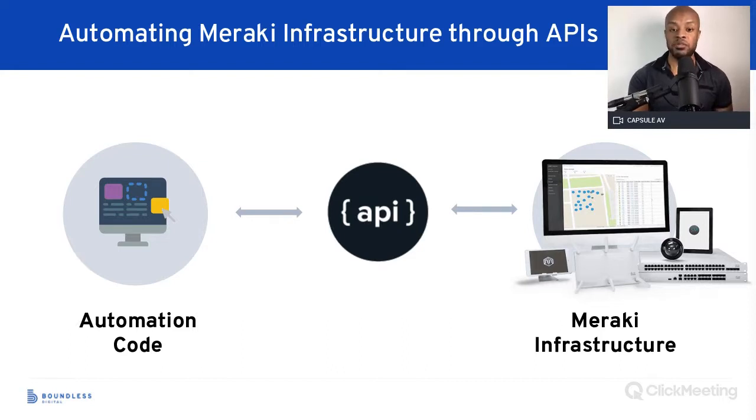The advantage is, as we've mentioned, that once the computer program communicates with your infrastructure, it will always do exactly as you tell it for as long as necessary and never make mistakes. So APIs are now replacing the CLI as the preferred way to automate your network.